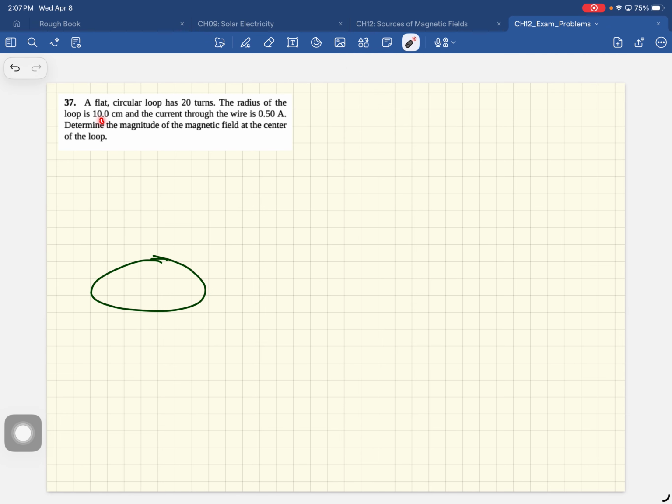This problem says two flat circular coils, each with a radius r and wound with n turns, are mounted along the same axes, so they are parallel and a distance d apart.